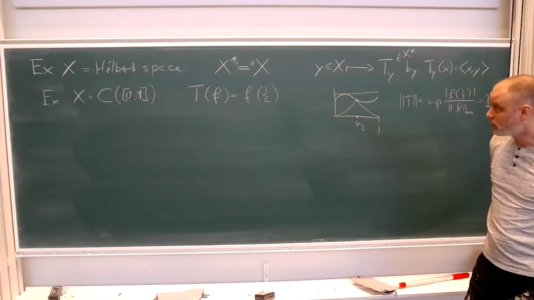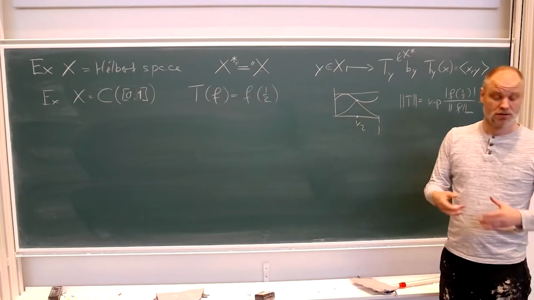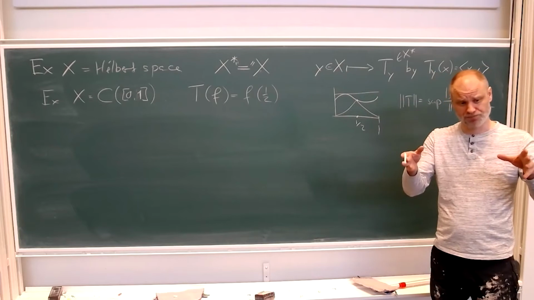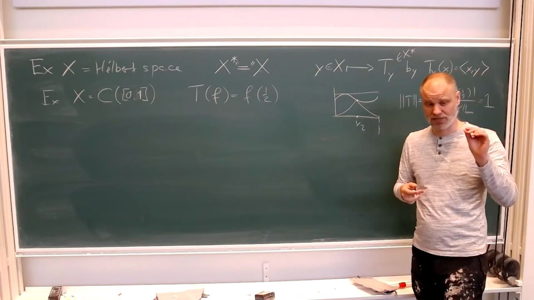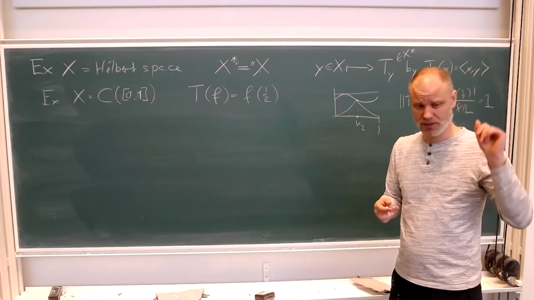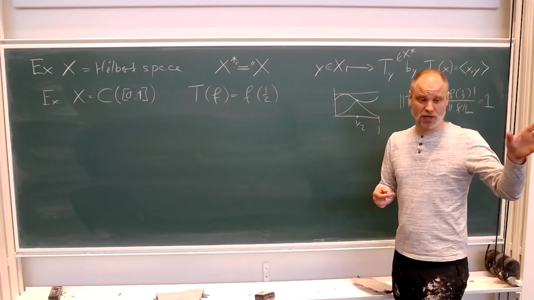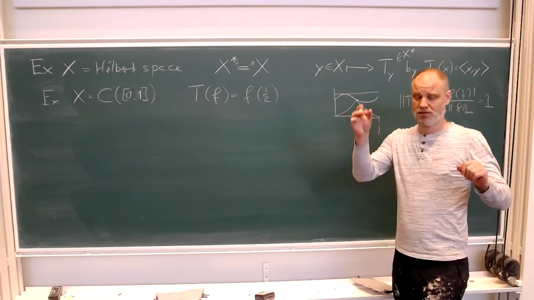But we cannot express it as integration against another function g, like we do with the Lp and Lq duality. By the way, there we also have to be careful to stay away from L infinity. If p is 1, then q should be infinity on the dual. That's still fine.